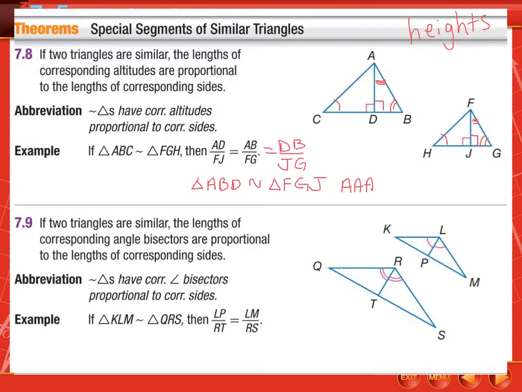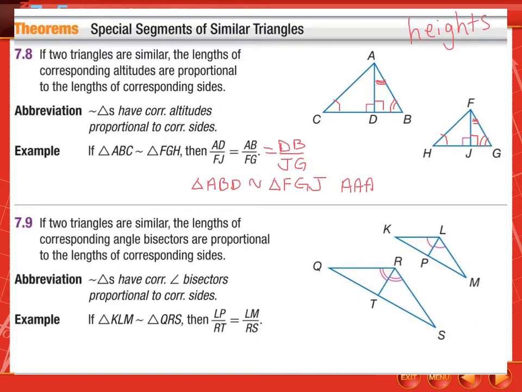Okay, similarly, another theorem here is if we have two similar triangles, and in this case we have KLM and QRS, we're told that they are similar.